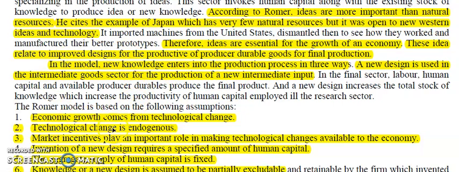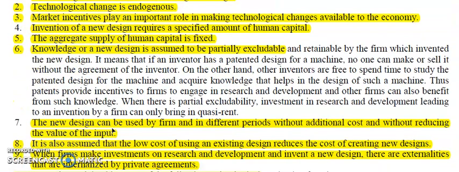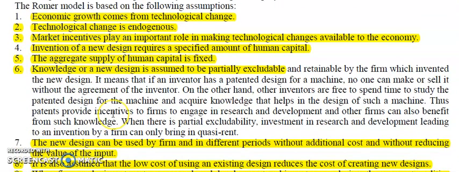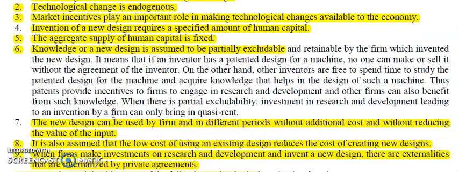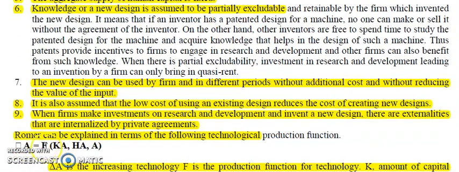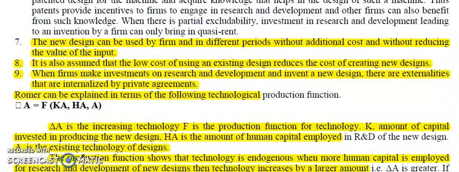Here we mentioned a lot of assumptions. Nine assumptions are mentioned here. You should also try to study six or more assumptions. Then the construction of the model, the technology production function model, is represented here: delta A is equal to F of K_A, H_A and A. A represents the augmenting factor.